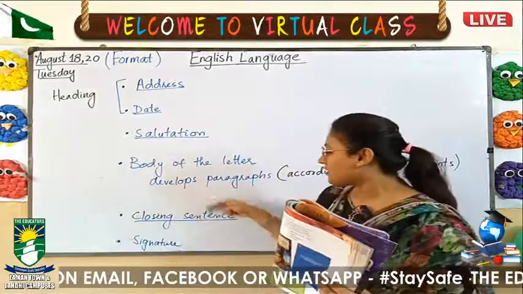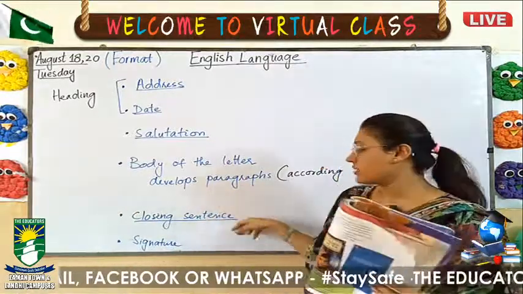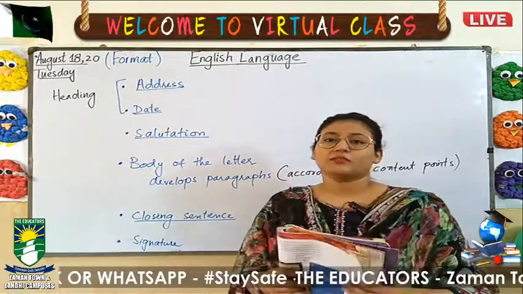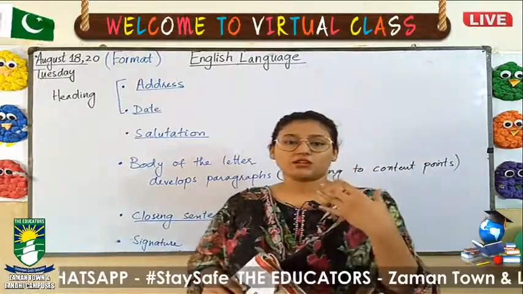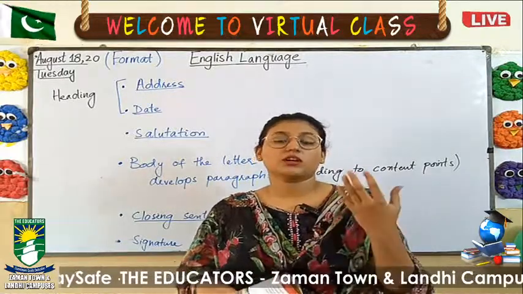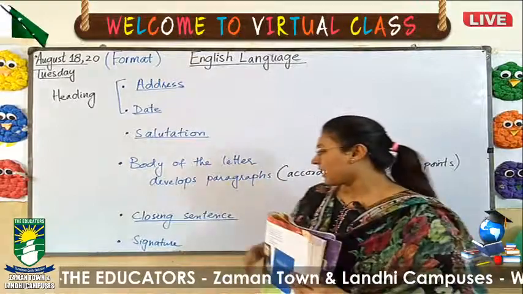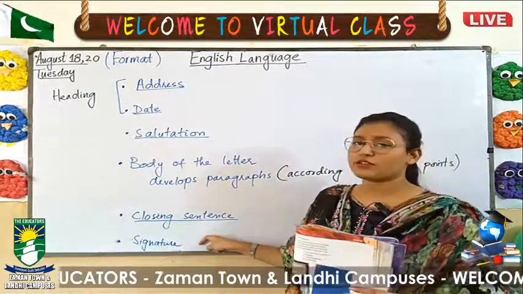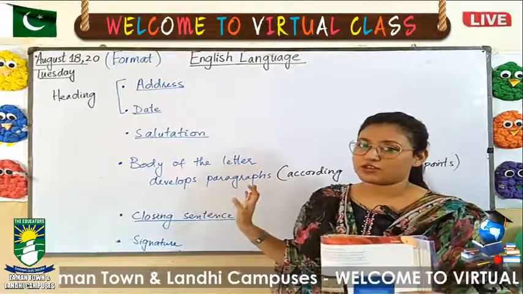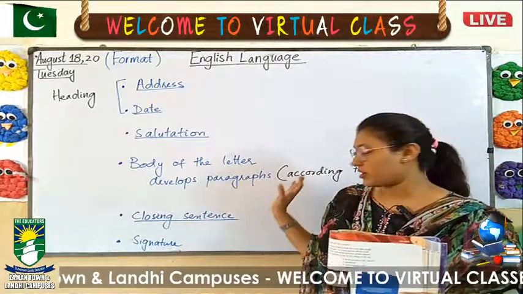Then the ending or closing sentence, in which you will be sharing your heartiest feelings with your aunt. And then you will write your name here, which is called the signature. You're not supposed to drop your sign here.